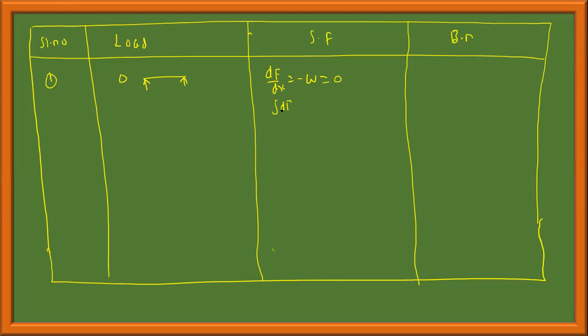Integration of dF by dx equal to minus w, which is equal to integration of 0, so F is a constant. When there is no load, shear force is constant. In this case, the shear force diagram will be constant like this. This is A, this is B.